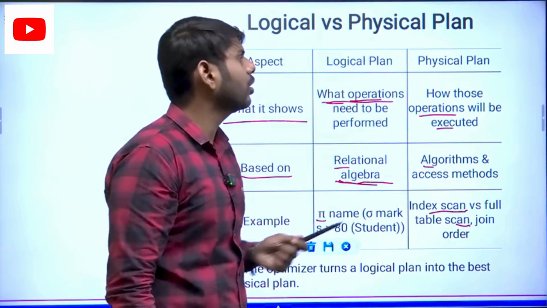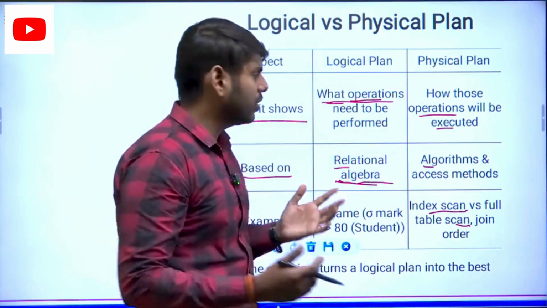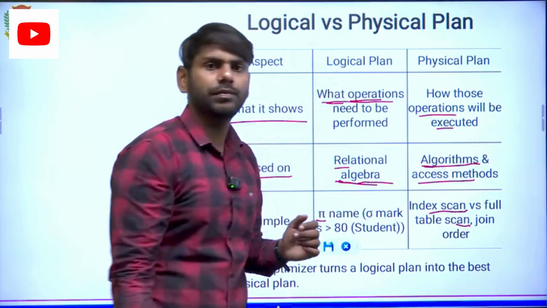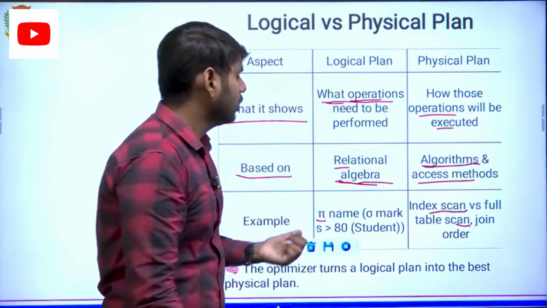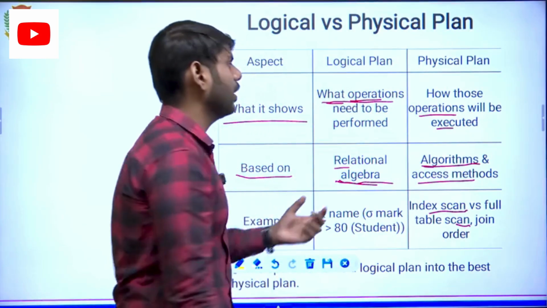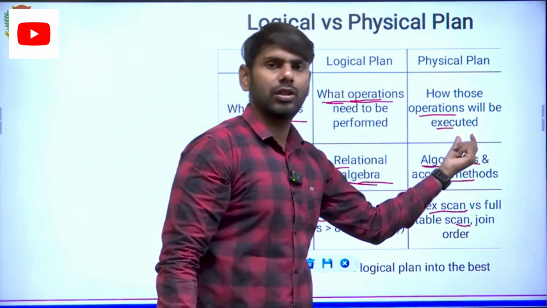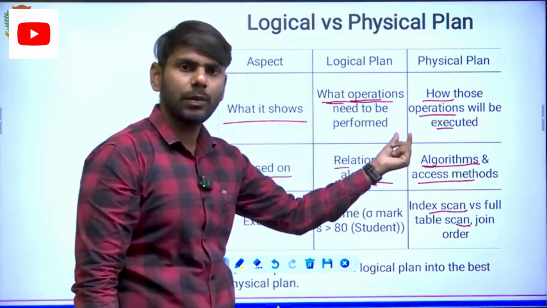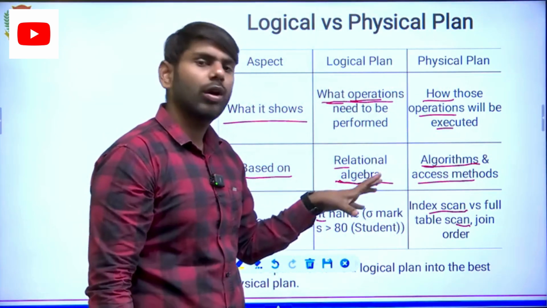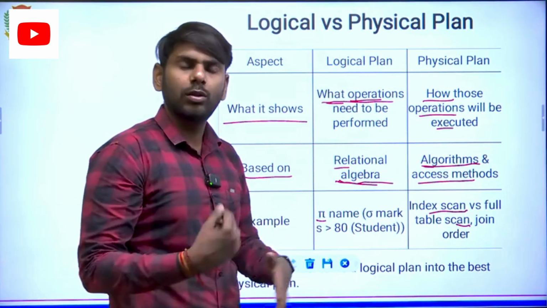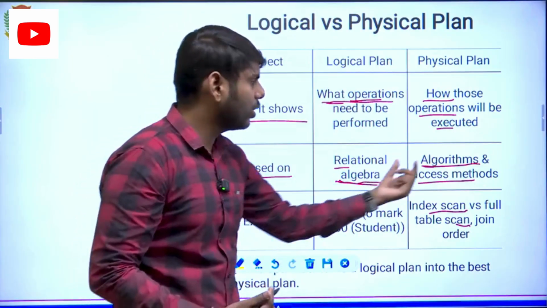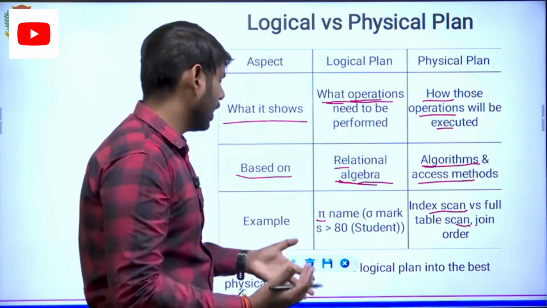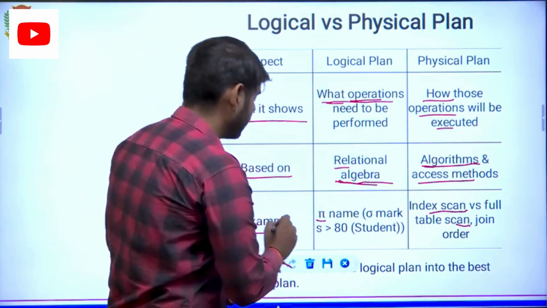And if we are talking about the physical plan, in the physical plan we have algorithms and access methods, because we are talking about how the operations are executed. Whenever you see how the operations are executed, that means we have to show what the steps are, and those steps are explained in the algorithms, with the help of algorithms. What are the examples?